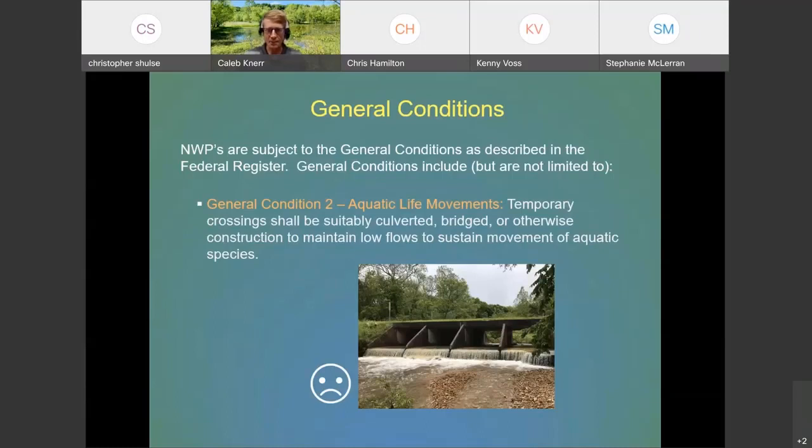And here's an example of a box culvert that's perched that has a drop of 1 or 2 feet, and essentially aquatic organisms cannot overcome that barrier. So anything upstream of that box culvert will not have any passage of aquatic organisms. When this structure is replaced, it would be required that a new structure would not have this same drop.